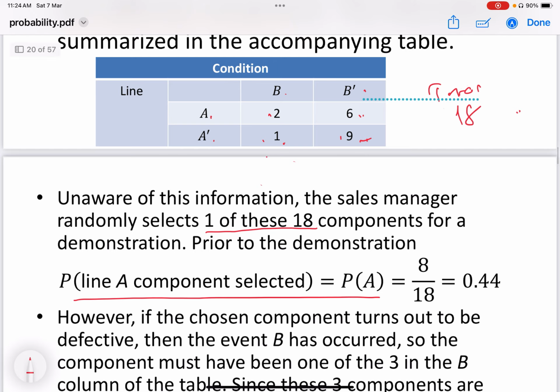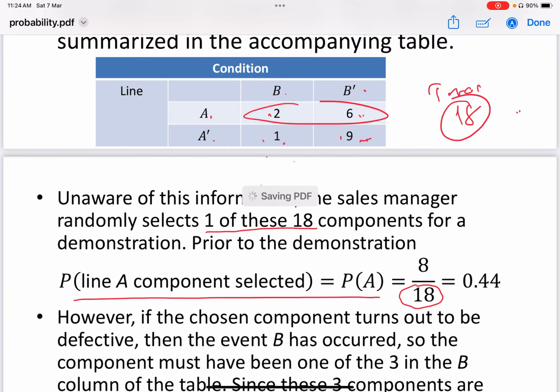Then what is the probability that a line A component is selected? Total components are 18. So P of A equals the number of favorable outcomes over 18, and the numerator is favorable for the line A component. How many A components, it is 2 and 6, so total 8. So P of A is 8 by 18.